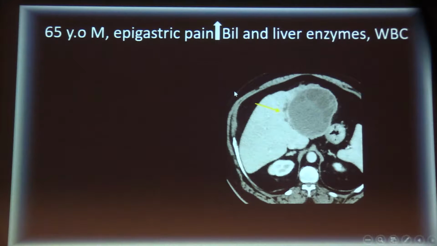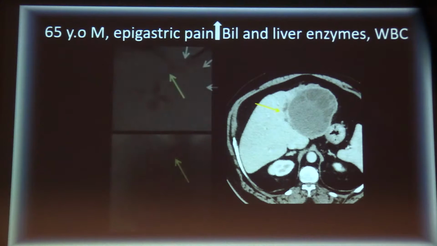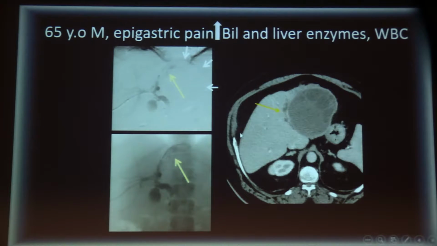The gold standard to prove connection is performing an ERCP. So we sent this patient for an ERCP, which nicely demonstrates the bile ducts, but also shows spillage of contrast into the cystic structure, and this proves that there is a fistula between the cyst and the biliary ducts.